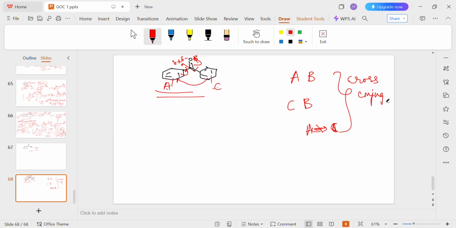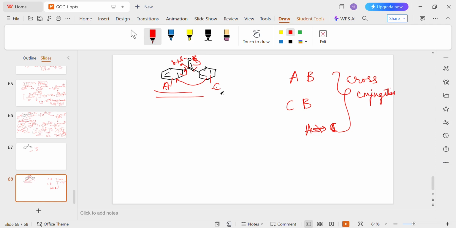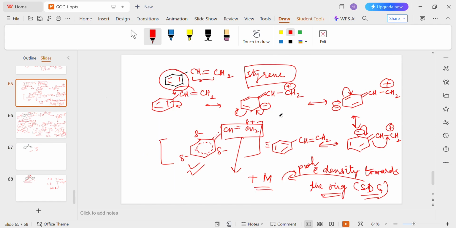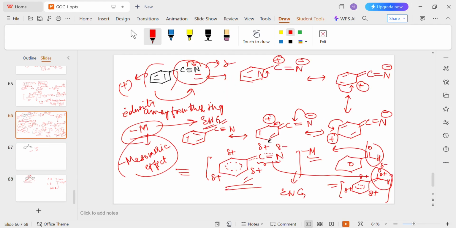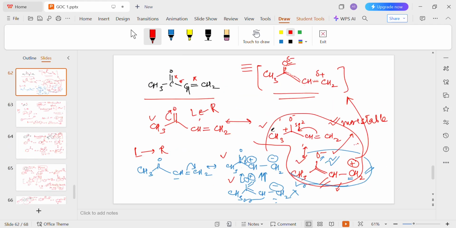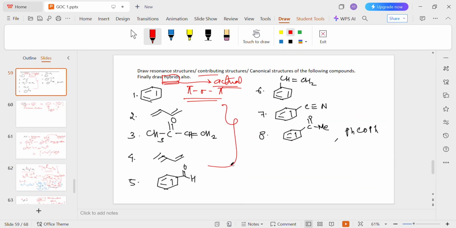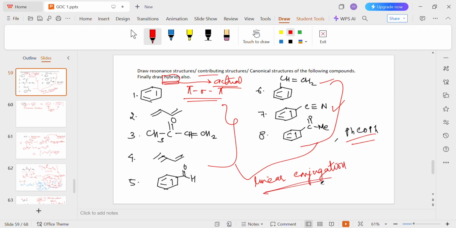This is cross conjugation. And in the examples you have seen so far, there was nothing where two groups could not conjugate together; the conjugation was in one direction, which is called linear conjugation. All the examples that I taught you above, even this example and this example, except this, are examples of linear conjugation. There is a difference in the stability of structures with linear conjugation and cross conjugation that I'll tell you later.